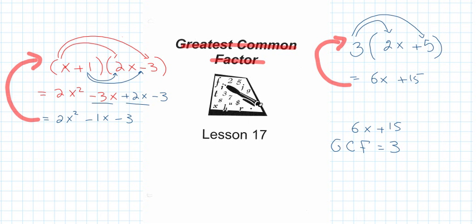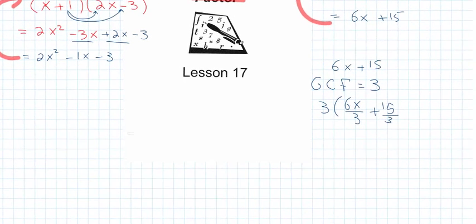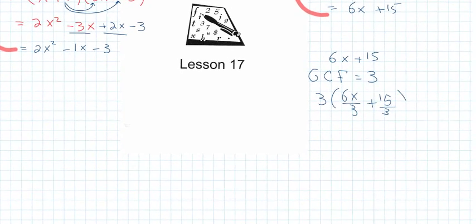And then that means I can factor out a 3 of this and then divide each term by 3. So if I divide this by 3, I will end up with 2x because 6 divided by 3 is 2. And then if I divide 15 by 3, I end up with 5.